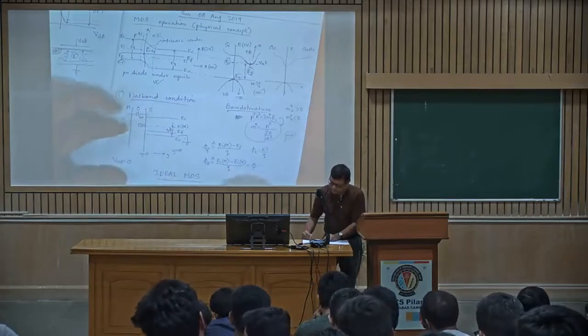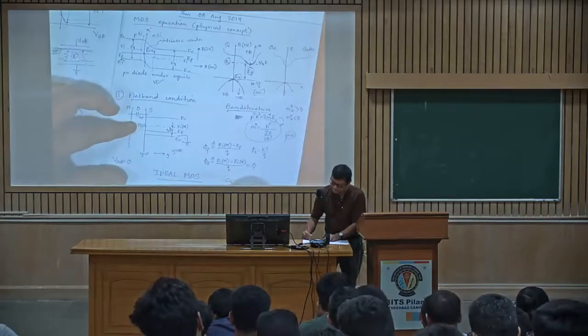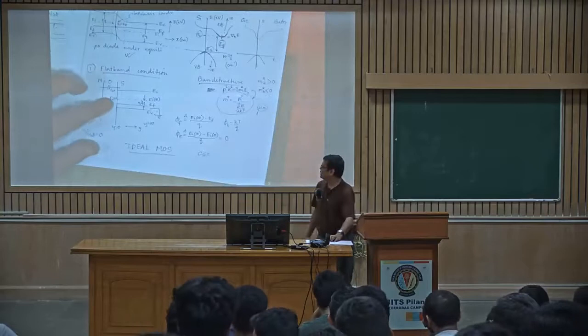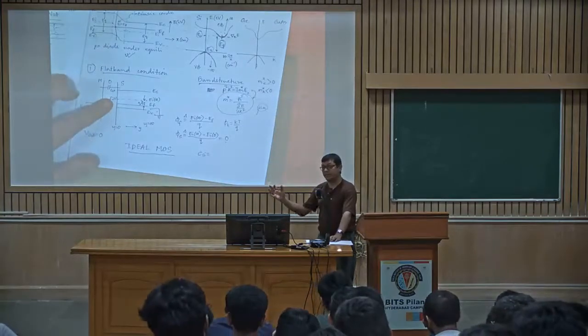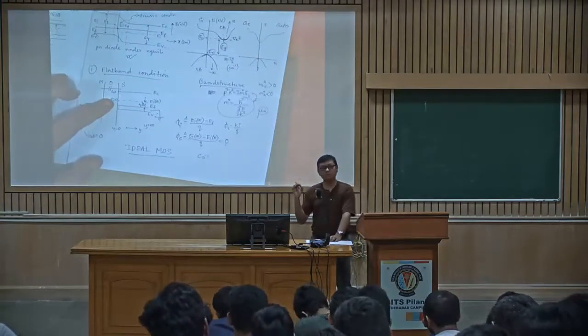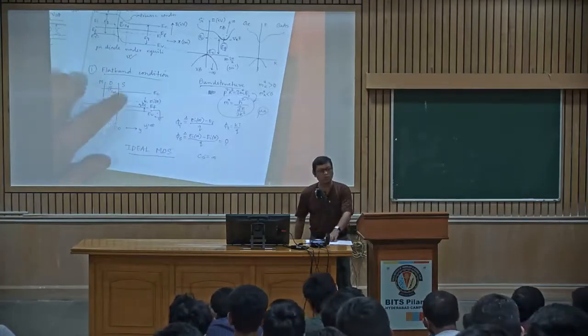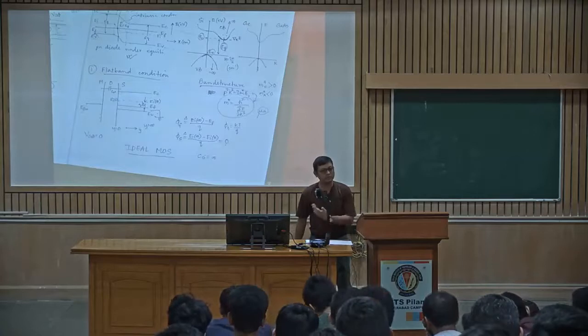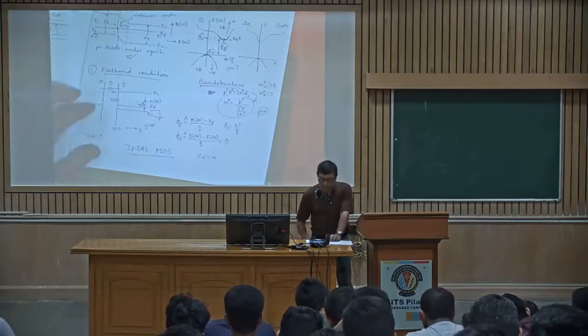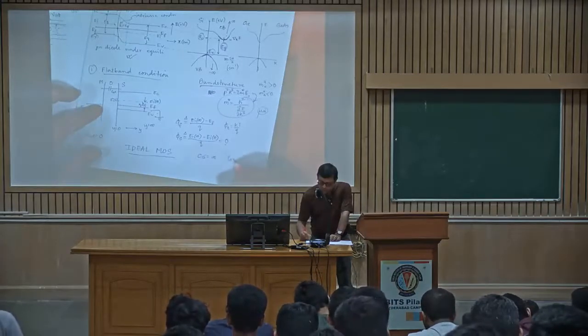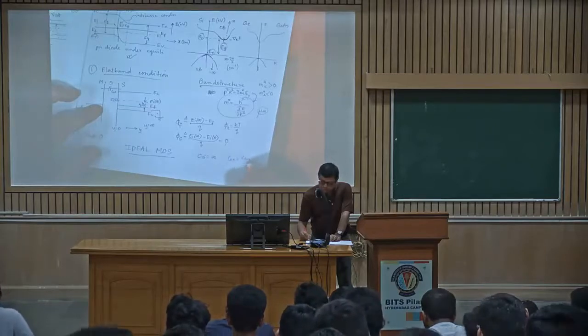So what is the value of CSI? That means the capacitance seen in the silicon, in the semiconductor. What will that be? Infinity, because there is no band bending and no charge separation. But Cox will be equal to epsilon ox by Tox.